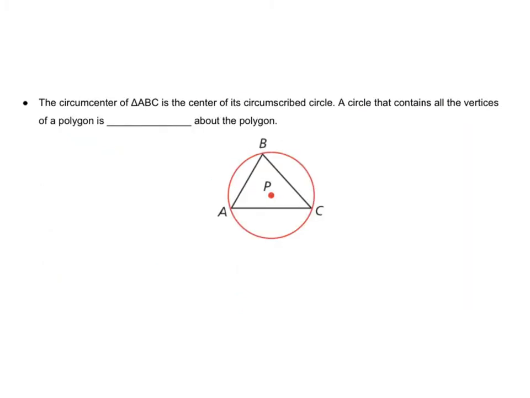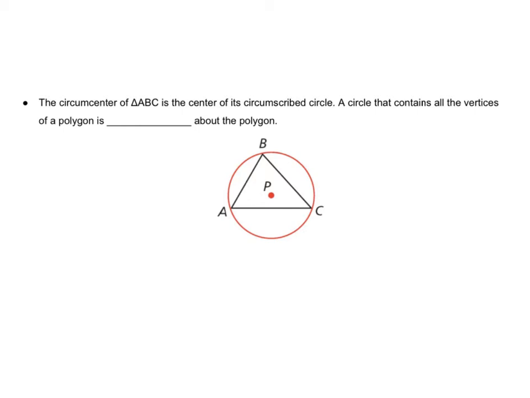All right, the next definition we're going to look at focuses on creating a circle around our circumcenter. Okay, and the circumcenter of triangle ABC is the center of this circumscribed triangle. So this is the circle we're going to make around the circumcenter, where that P point is exactly in the middle.